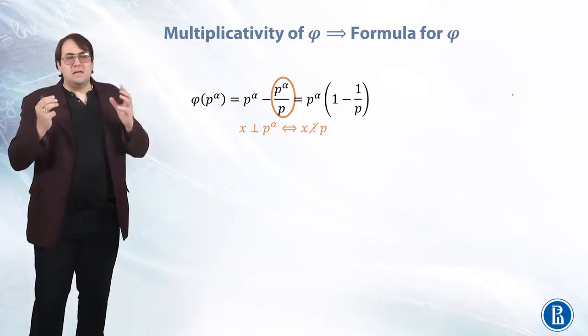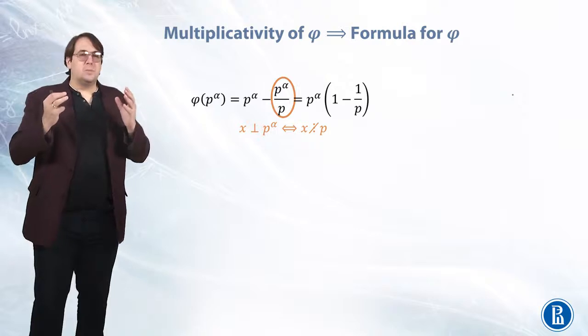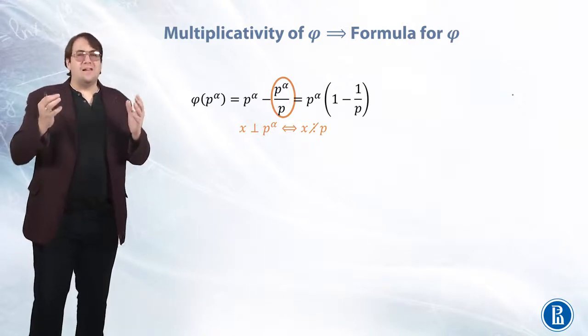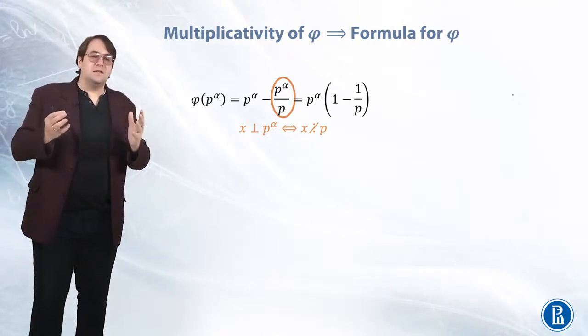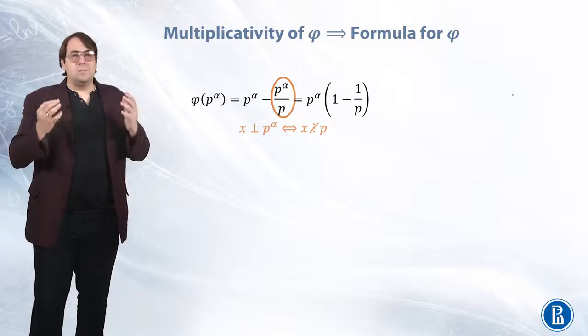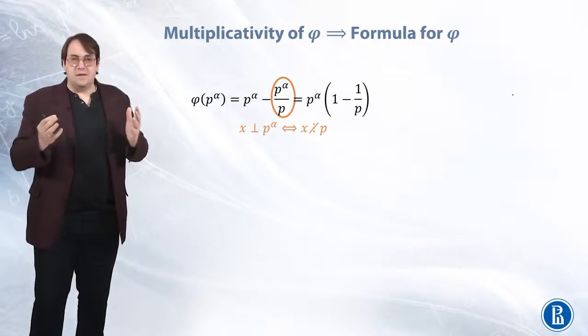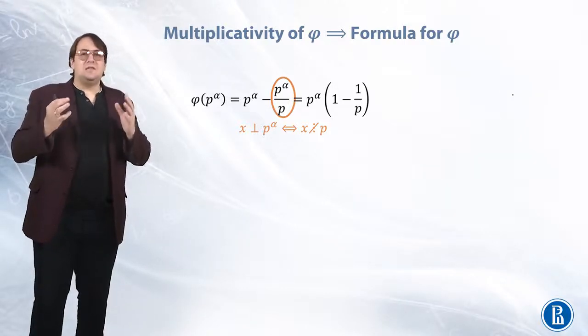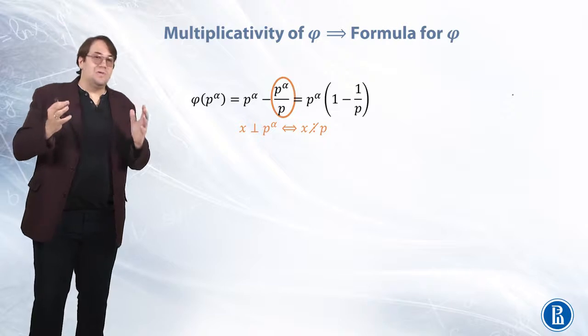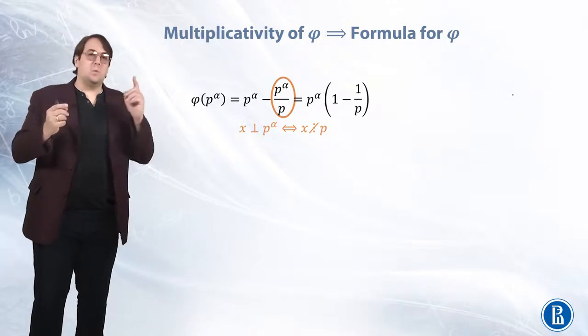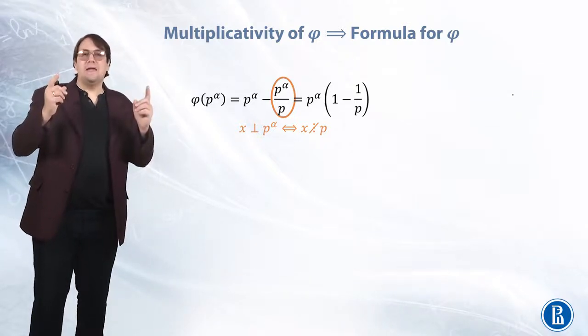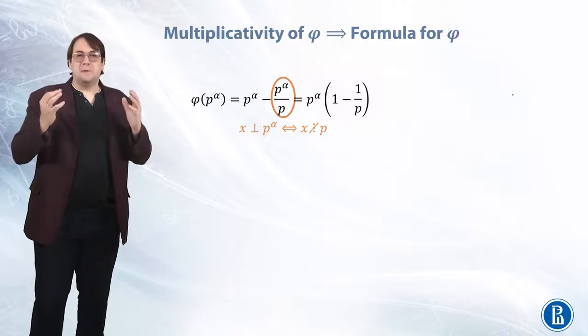But being co-prime with p to the power of alpha is equivalent to simply not being divisible by p. So we need to remove those positive integers from 1 to p to the power of alpha, which are divisible by p.